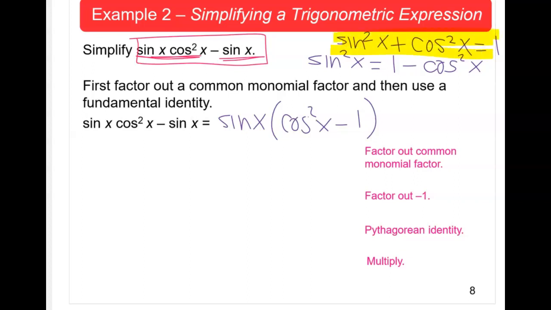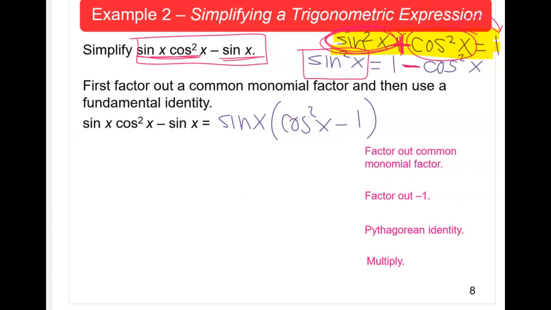And what I did on the next step was to solve for the sine square of x. So if I want to solve for it, I just had to move the positive cosine square x to the right side. Because it was adding on the left, it is subtracting on the right.